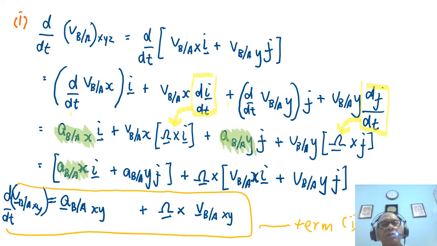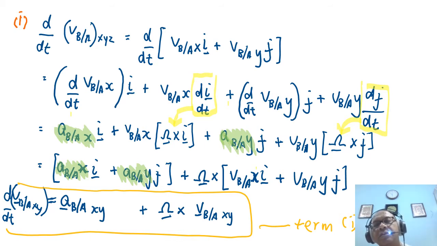So this is the acceleration component x and y combined, plus then we have omega cross VBA x i and VBA y j. So we have now got this as the vector B relative to A. Let's do that in yellow.